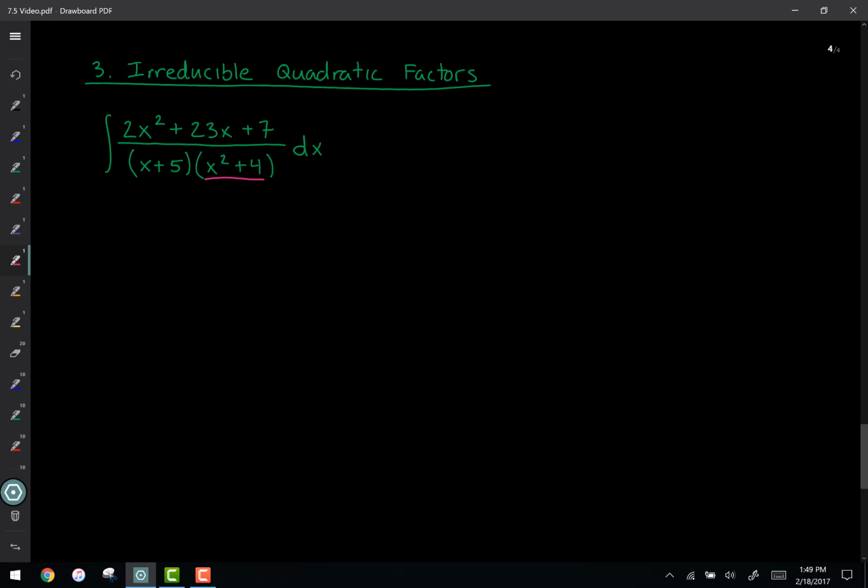X squared plus 4 cannot be factored further over the real numbers. So x squared minus 4 is not an irreducible quadratic factor because it factors as the product of two distinct linear factors. So we'll have things like x squared plus a number, or some other mixed quadratic thing.